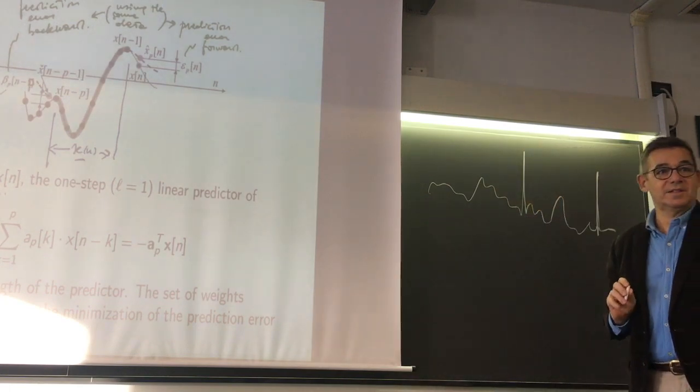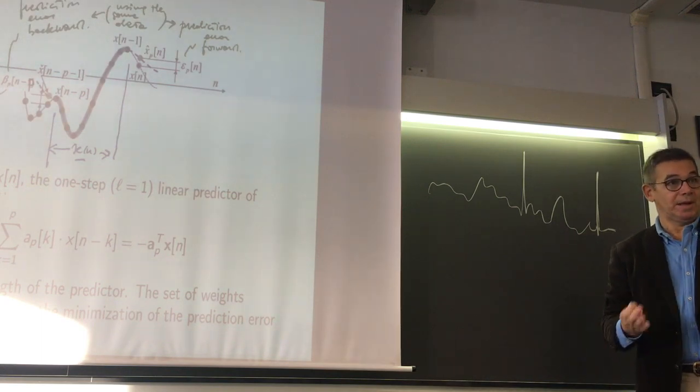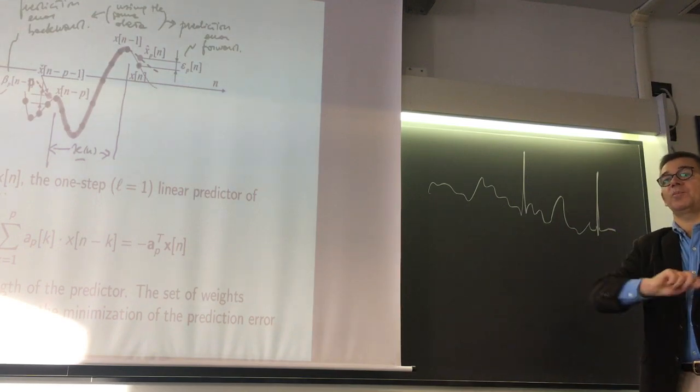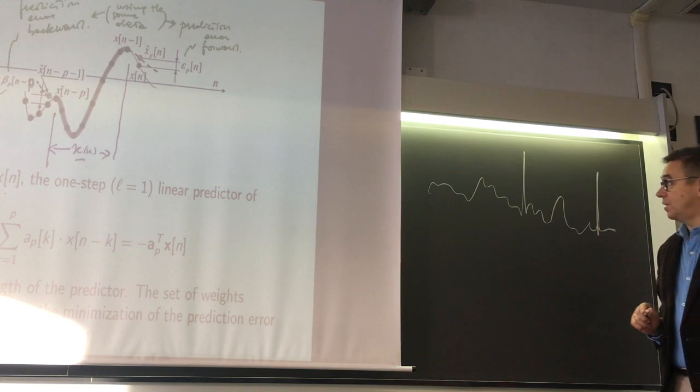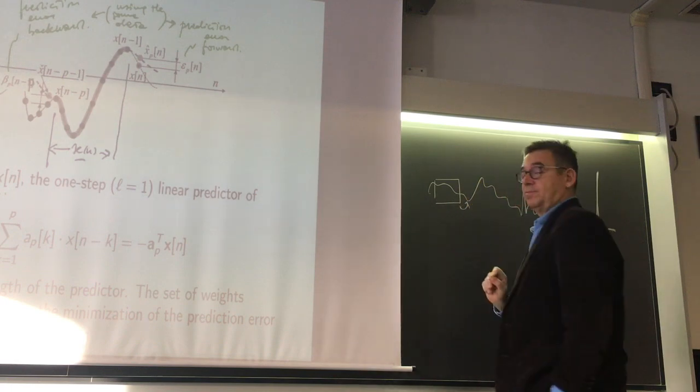This is the signal. Now, imagine that in the signal you implement a linear prediction. So what comes out from the linear prediction? The linear prediction is taking this to predict the sample there.